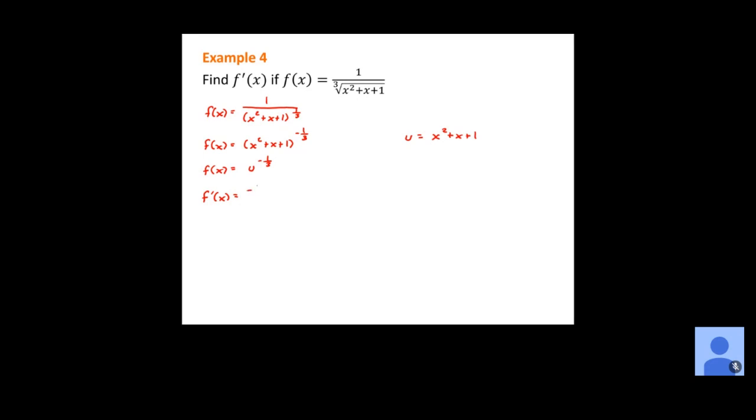Perfect, right? So we bring down the negative 1/3, we keep our u, and if we subtract 1, we're subtracting 3/3 from that. That's going to give us a negative 4/3.